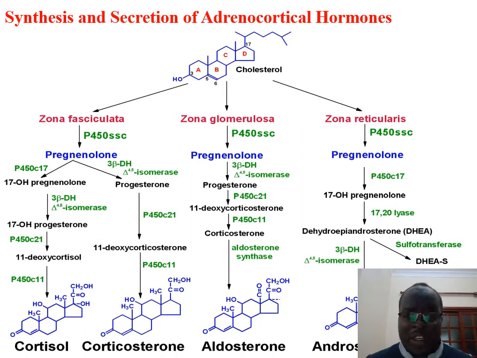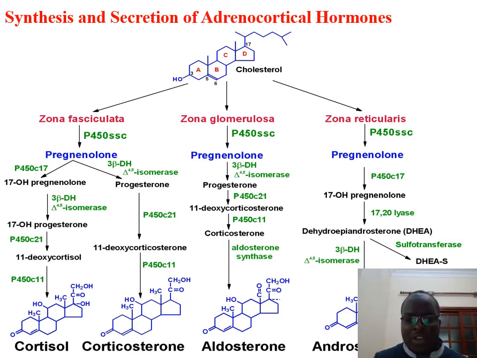This is a diagram showing the pathways in which those adrenal hormones are produced. From the zona glomerulosa, we have the production of aldosterone. From the zona fasciculata, you have production of cortisol and corticosterone. From the zona reticularis, you have production of androstenedione. There are a number of steps involved in the production of these hormones, but these are the overall hormones I'm interested in.